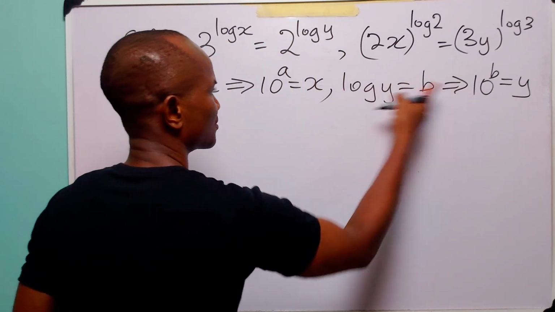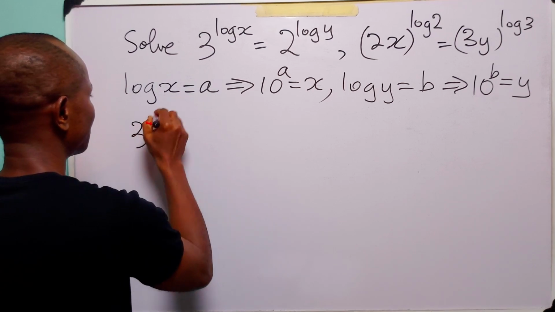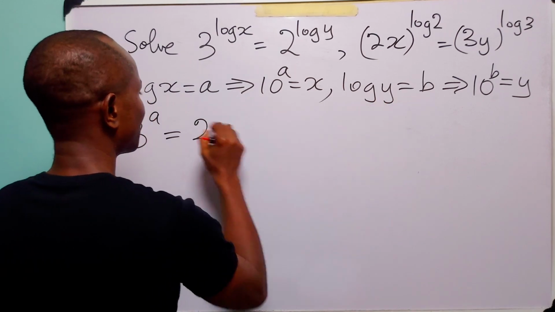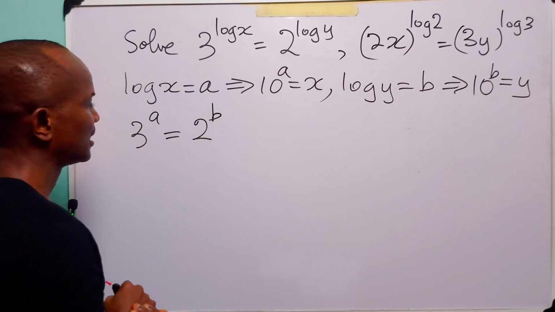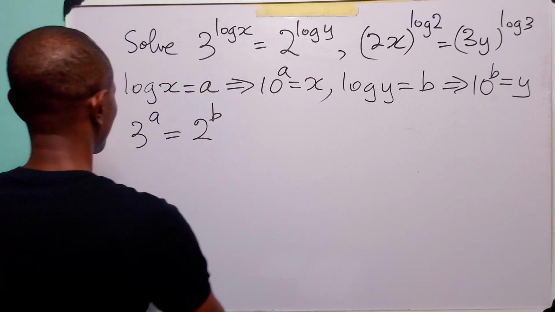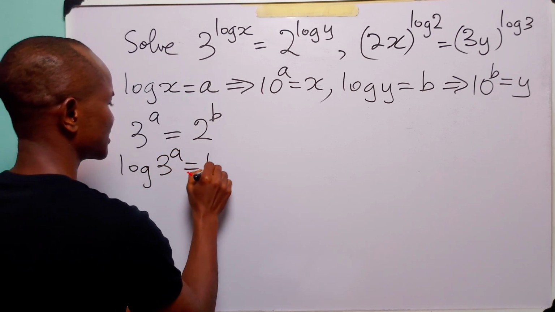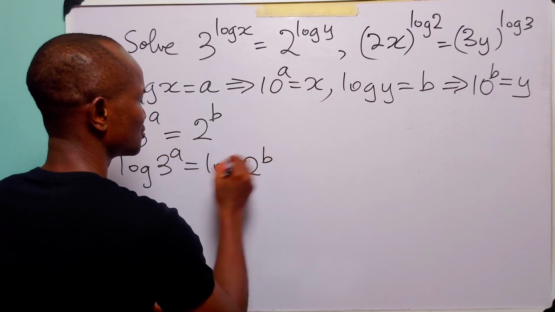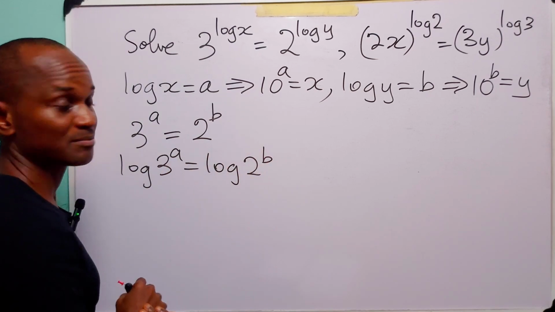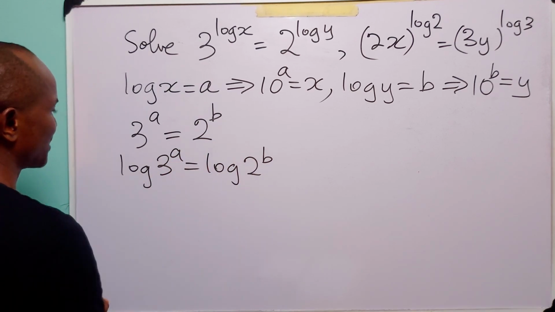Now, with these two substitutions, the first equation is going to be 3 to the power a is equal to 2 to the power b. The next thing we will do is to take log of both sides of this equation. When we do that, we have log of 3 to the power a is equal to log of 2 to the power b. And of course, here we apply the power rule of logarithms, and we bring down both a and b to become multipliers.